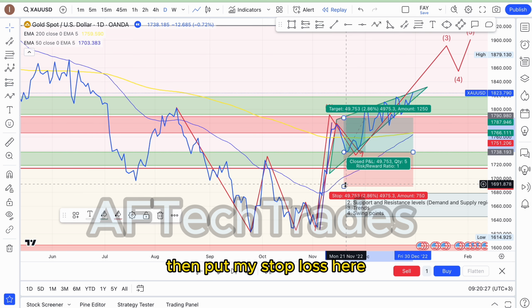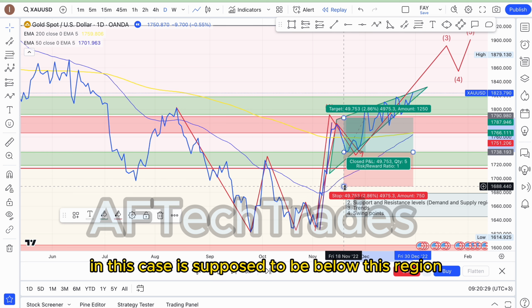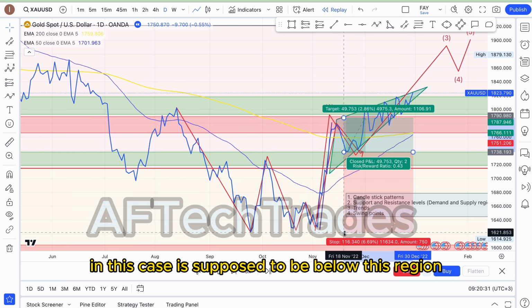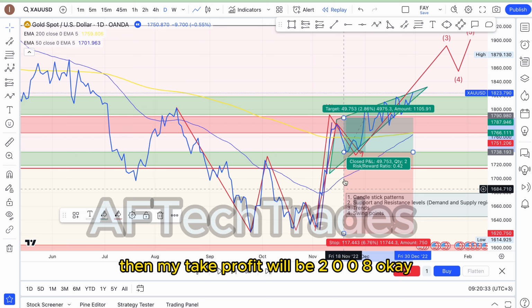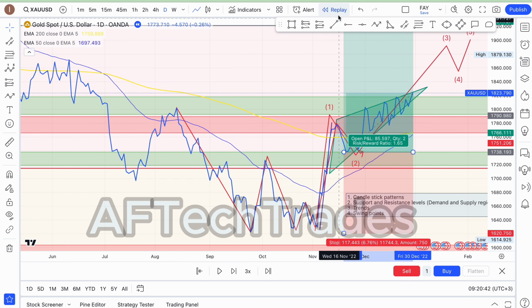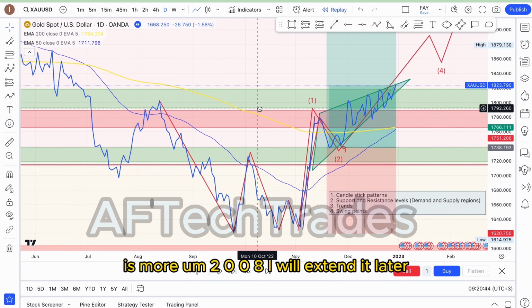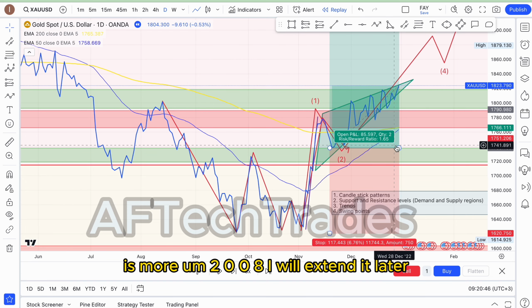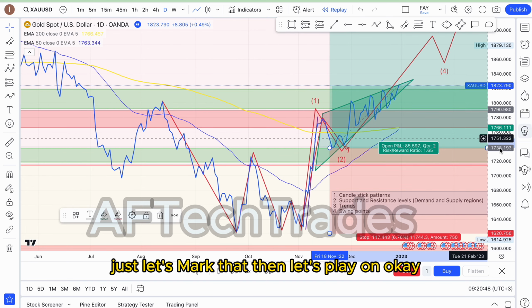Then put my stop loss here, in this case below this region. Then my take profit will be 2008. I will extend it later. Just let's mark that. Then let's play on.